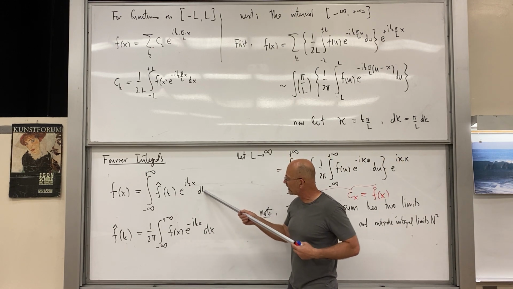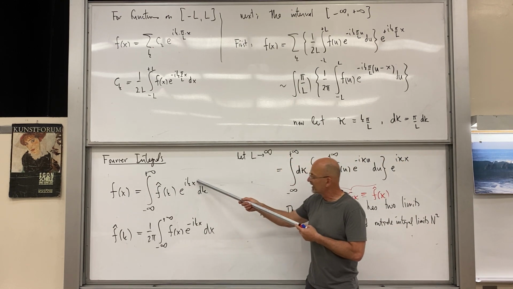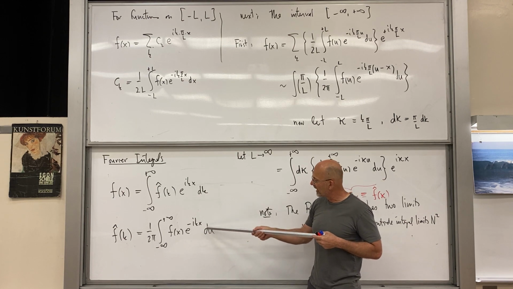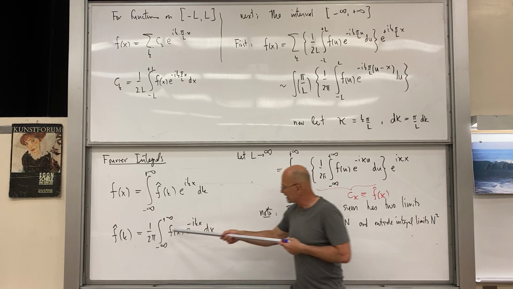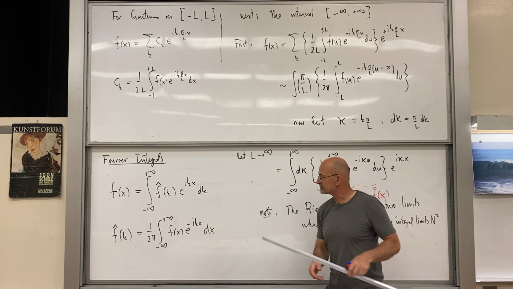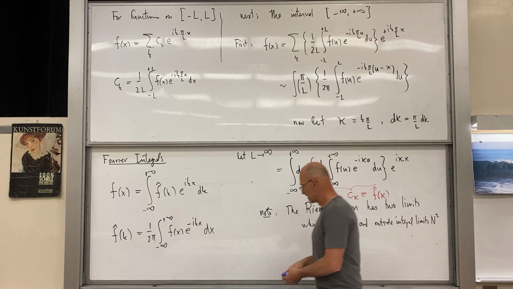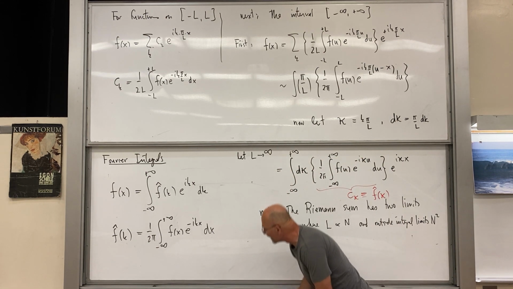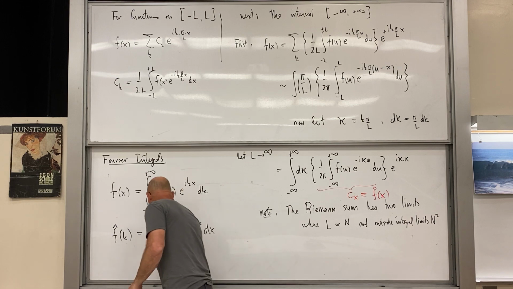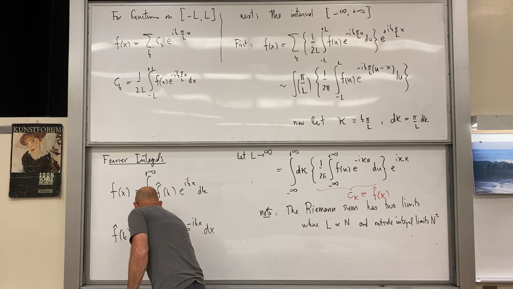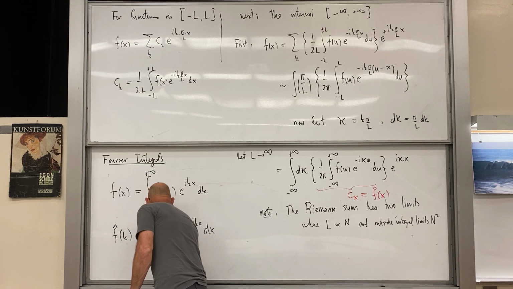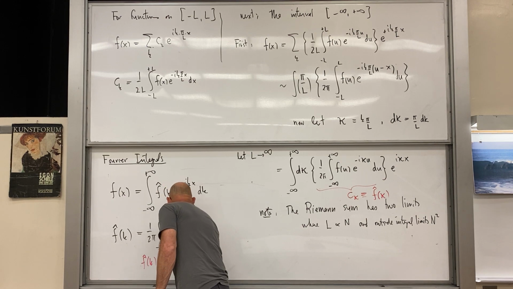We're integrating over k, therefore the argument is x, and down here we're integrating over x, so the argument is the k. So f hat of k is the Fourier transform.